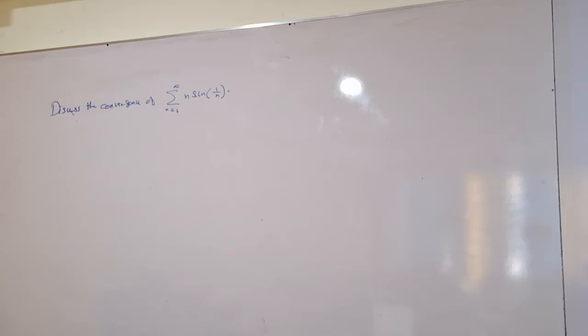No improvement. What are the tests you apply? I think the limit comparison test works. I think we can solve it by limit comparison test. This is your A n.